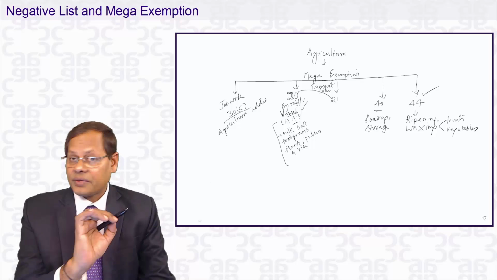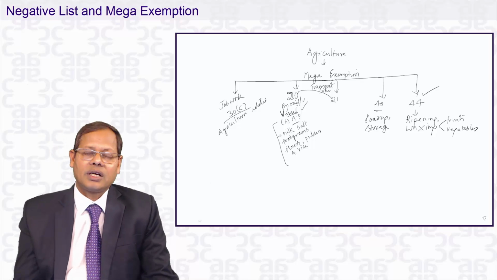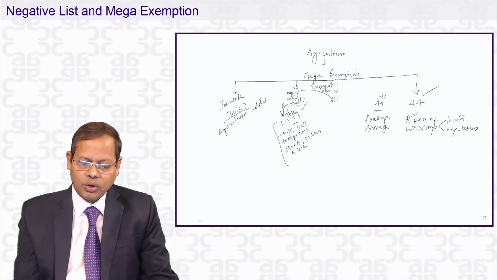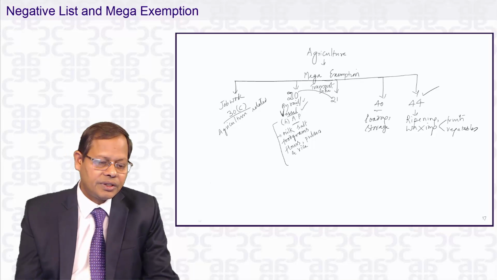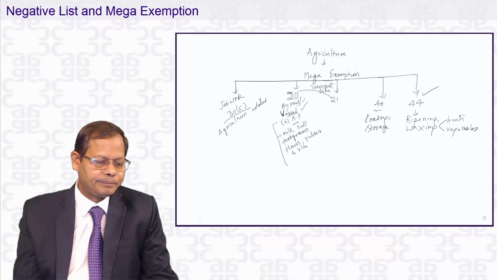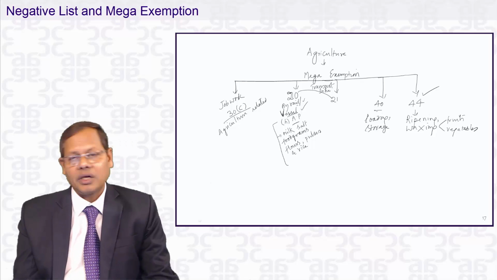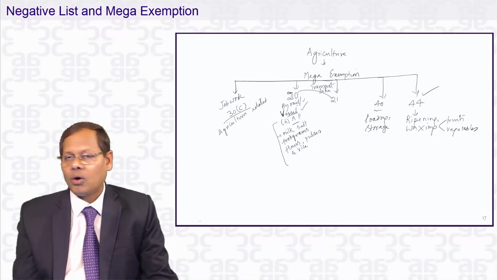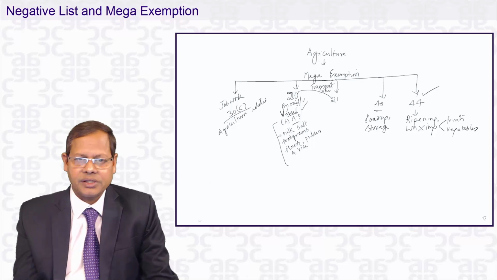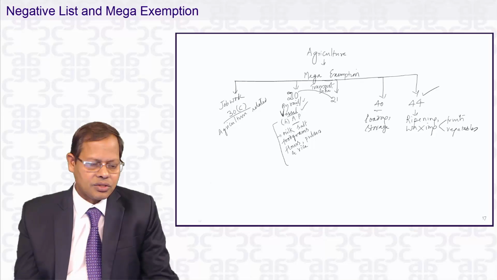Now foodstuffs are not covered under the mega exemption. Only food grains, flours, pulses and rice are covered. And plus, of course, they are talking about chemical fertilizers, organic manure and oil cakes. We have nothing to do with agriculture, but they are also there.